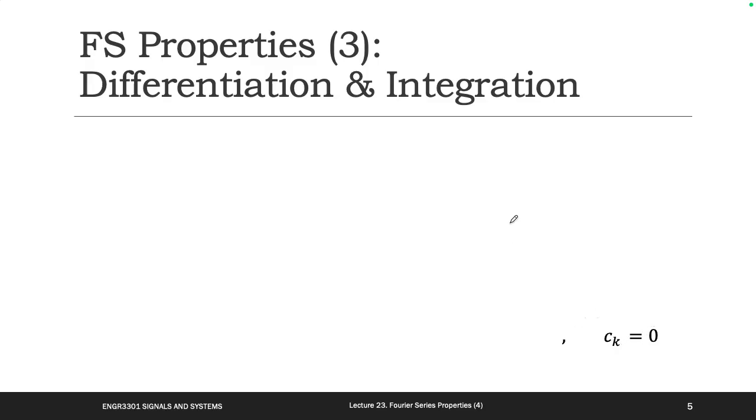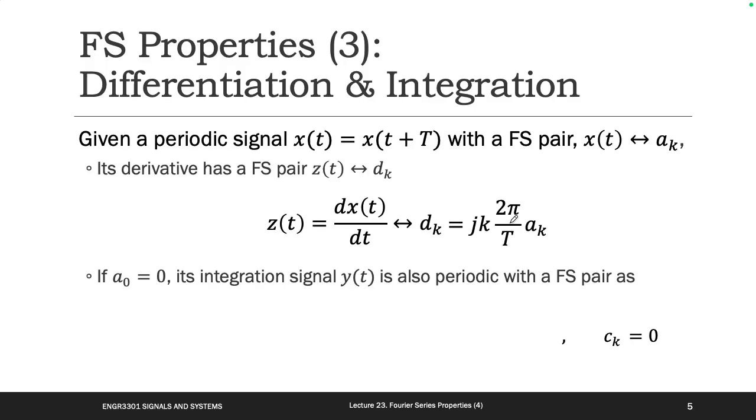Let's talk about the differentiation and the integration. If I give you a periodic signal x(t) equals x(t plus capital T), which means the period is capital T, and a_k is the FS coefficient for x(t), then its derivative gives a new signal z(t) with FS coefficient d_k.